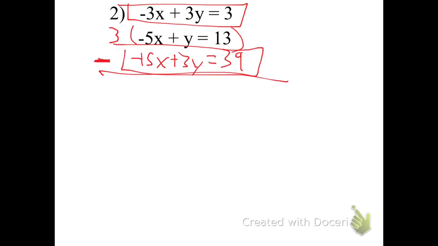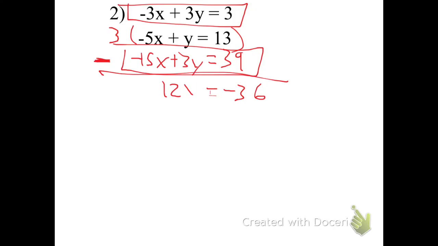So I'm going to work from right to left out of habit. I got 3 minus 39 gives me -36. The y's disappear. And I have -3x minus negative 15x. When you subtract a negative, that's the same thing as adding. So negative 3x plus 15x is positive 12x.